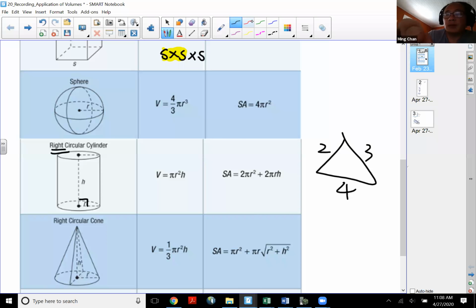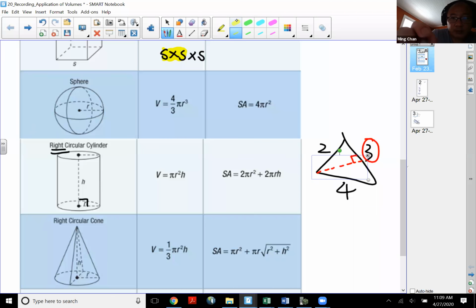Well, that will be determined by where the height is perpendicular with which side. So if I draw this way and say that's 90 degrees right here, that means this is your height, and the height and the base is always perpendicular. So that means 3 is actually the base. So remember, height and the base is always perpendicular.